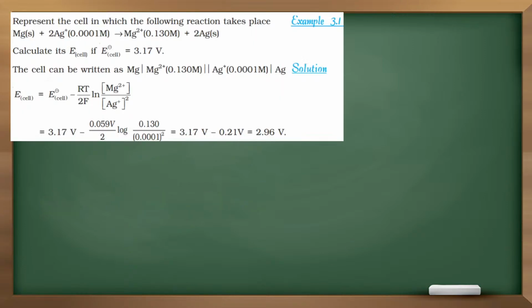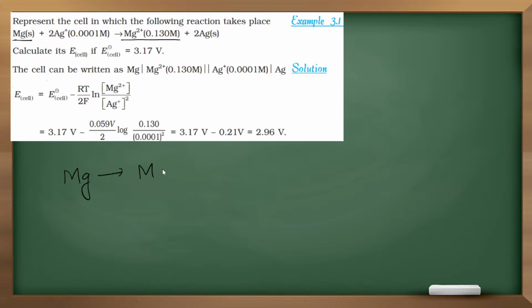First question is, represent the cell in which the following reaction takes place. So see, in this particular cell, Mg solid gives Mg2+.